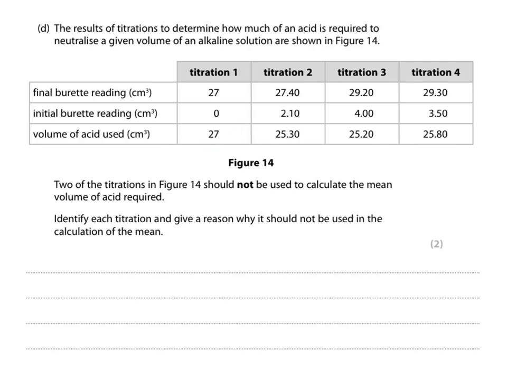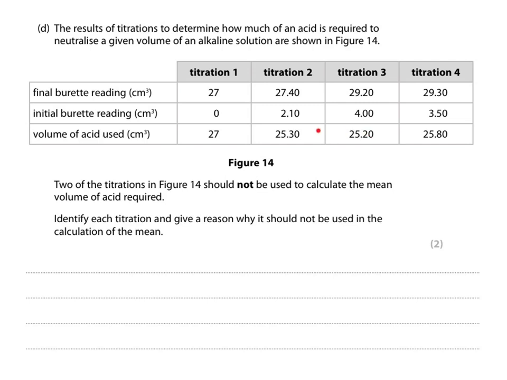So it goes on to say that 2 of the titrations in figure 14 should not be used to calculate the mean volume of acid required. Now, the reason we do more than one titration is because titrations can have inaccuracies, and if we do a number of different titrations, we can work out which are sort of similar and which are very different, and we just use the similar titrations, their values, to do any calculations.